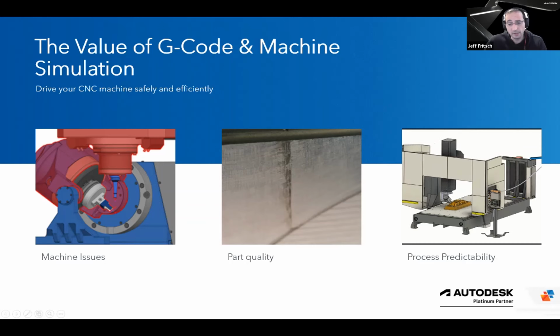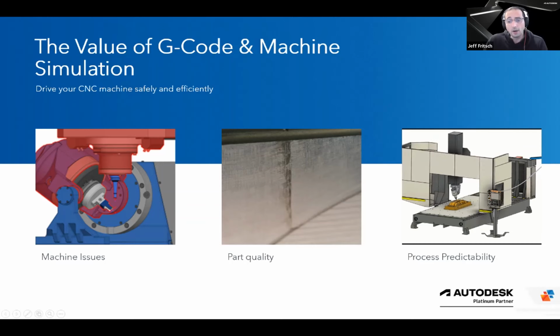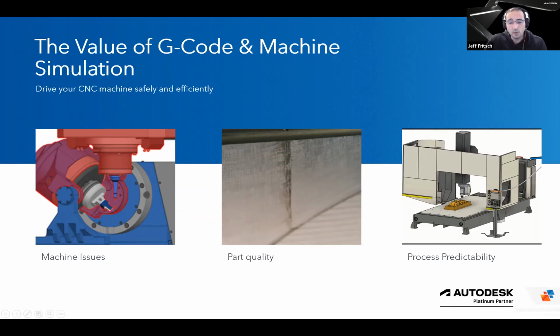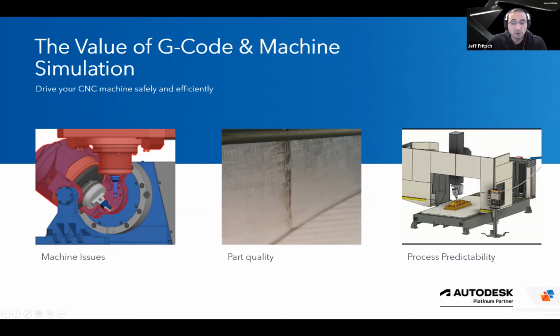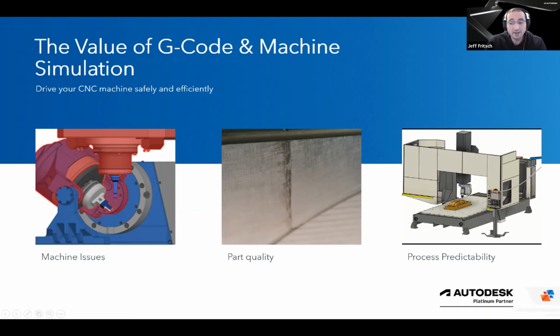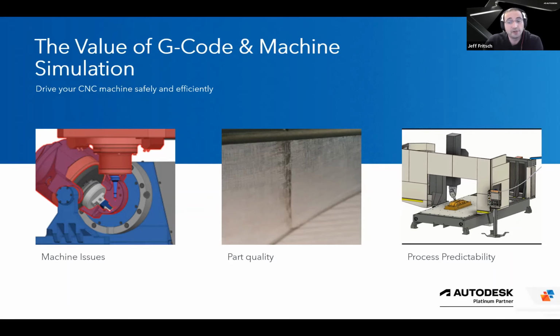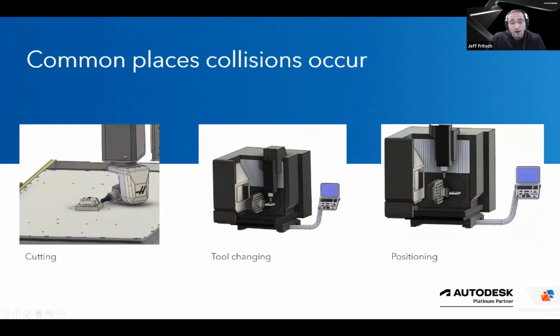And of course, ultimately being able to answer what impact that is going to have on the part quality, and as a whole, being able to understand and proactively make sure that we understand the process and how it's going to perform to make the parts that actually need to be made.